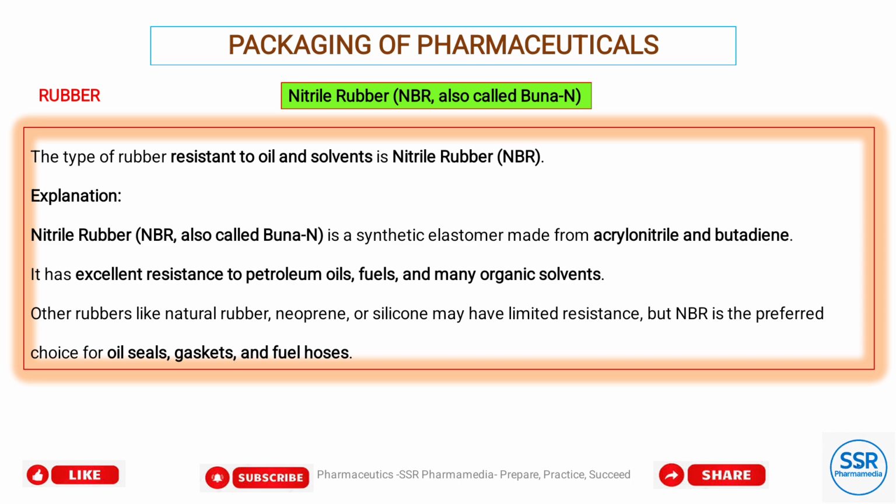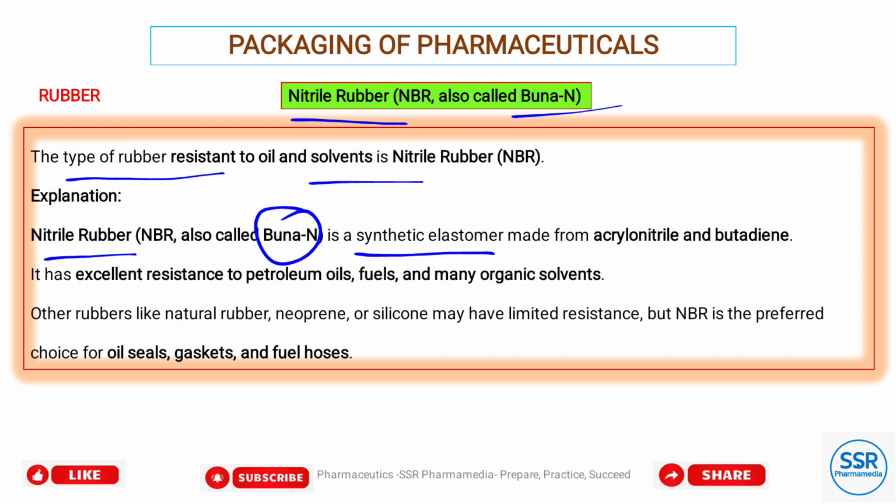Next is nitrile rubber. NBR is also called Buna-N rubber. The type of rubber resistant to oil and solvents is nitrile rubber. It is a synthetic elastomer made from acrylonitrile and butadiene.